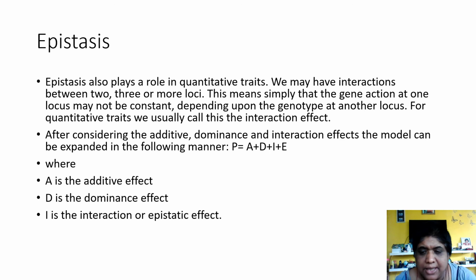So epistasis is very difficult for us to quantify in quantitative genetics, and nowadays it's being investigated through methylation effects or epigenetic changes through bisulfite sequencing. So with the new technologies, we're able to understand which genes are showing epistatic effect. All right.